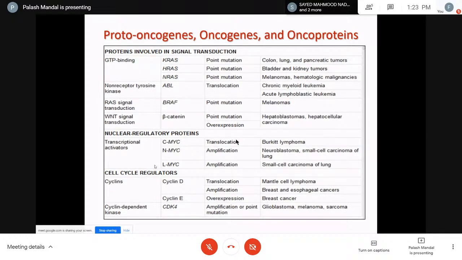So similarly, there are proteins involved in signal transduction. The GTP binding protein, the RAS protein, okay, the BRAF protein, and nuclear regulatory proteins are the MYC proteins. So the mutation in these proteins, they lead to development of various kinds of tumors, as has been stated. And finally, they are the cell cycle regulators, the cyclin, the cyclin-dependent kinases, and so on.